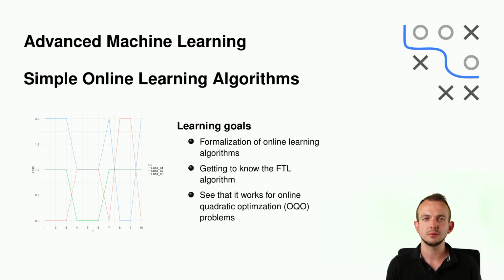First of all, we will formalize how we can specify an online learning algorithm. Then we will look at one very simple online learning algorithm, namely the follow the leader algorithm. And then we will see that it works for a quite large class of online learning problems, namely the online quadratic optimization problems.